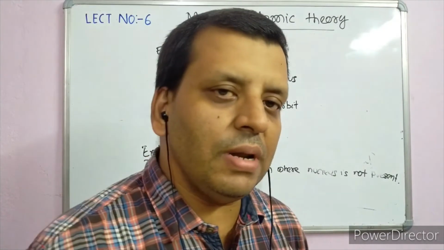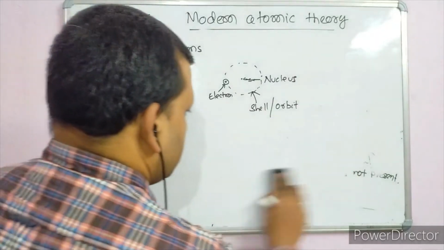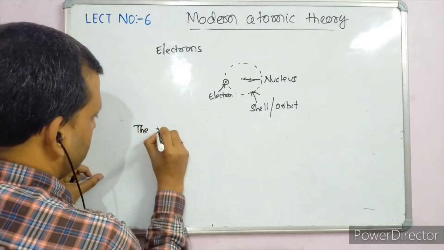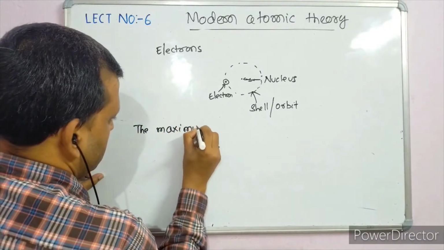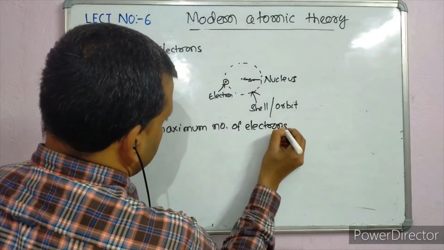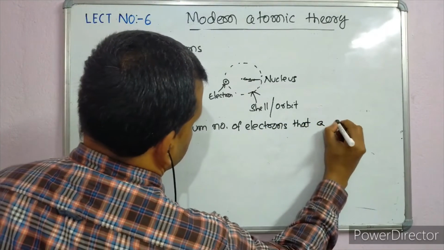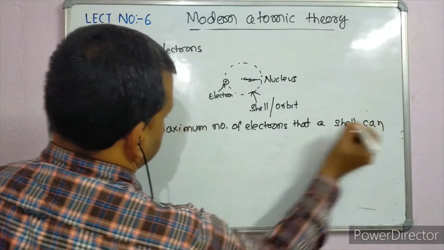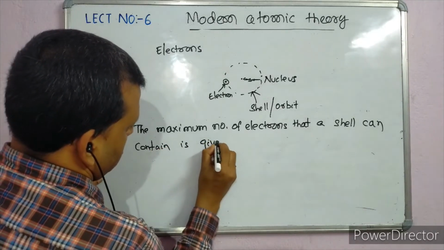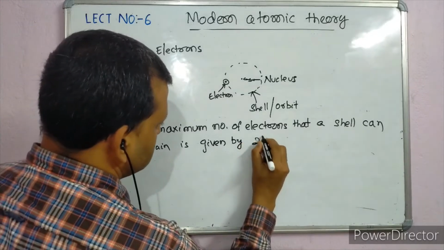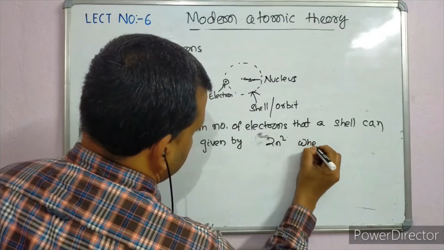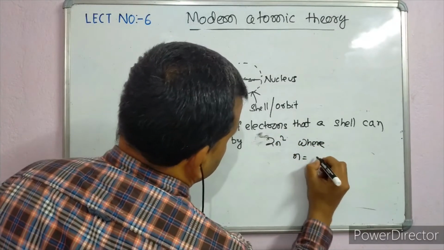That is given by a formula known as the 2n square formula, where the maximum number of electrons is given by 2n square, where n is the shell number.